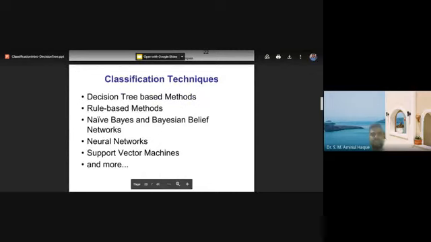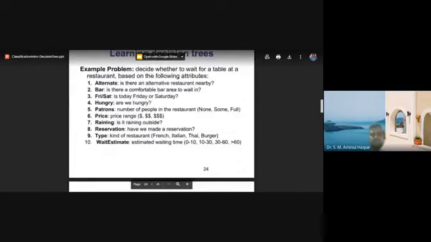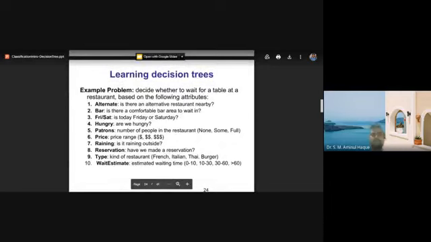So classification techniques, there are quite a few, as we have discussed earlier. We have an example problem here. For example, you have gone to a restaurant, but there is no table empty. All the tables are occupied. Now the question is whether you will wait in that restaurant until a table gets free, or you will move to another restaurant.